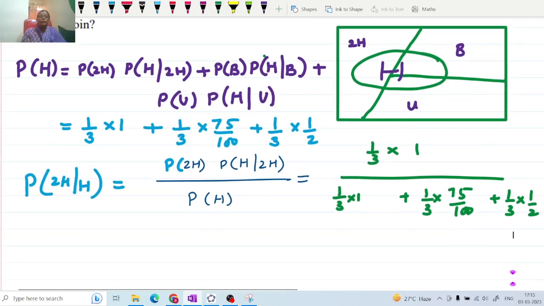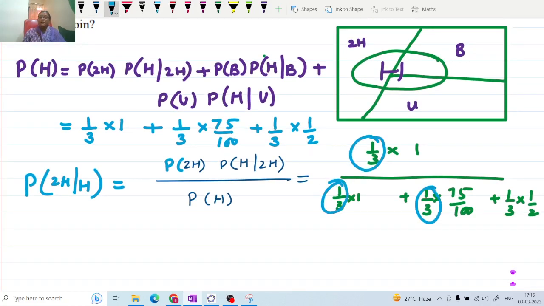You know that certain terms get cancelled. Cancel that. The 1 on 3 gets cancelled because there's 1 on 3 in the numerator as well as in the denominator. The rest is the summing of numbers in the denominator. The numerator is just one quantity. The denominator has to be added. Now, how do we add? We all know we need to take the common denominator.